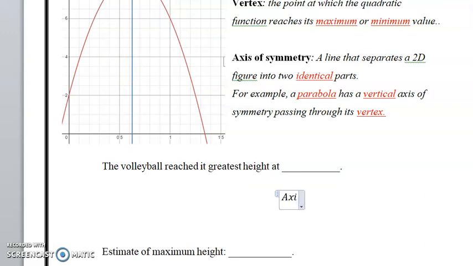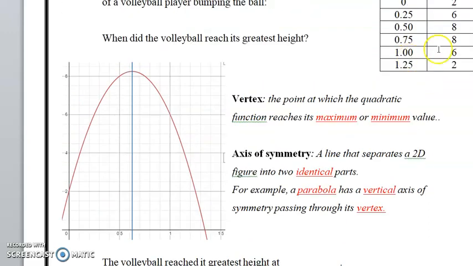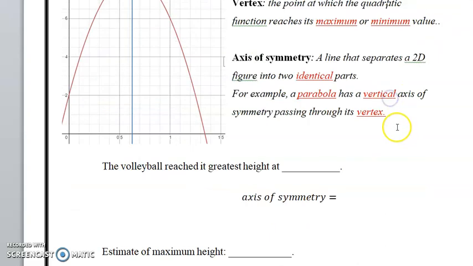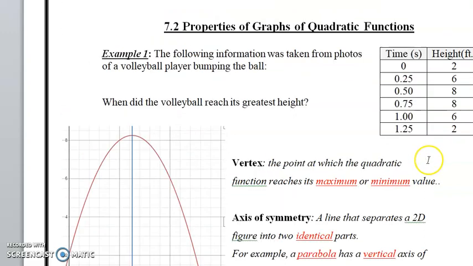So axis of symmetry is equal to, and remember, you just pick a point that has two of the same y values. I picked the ones that are closest to the vertex right here, and we add the two x values together and divide them by 2.